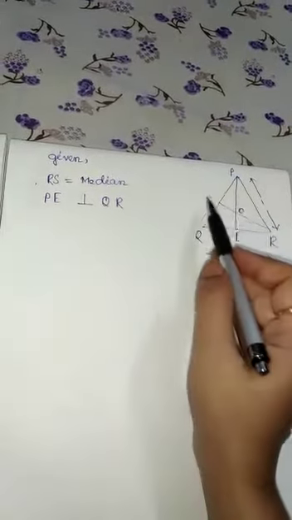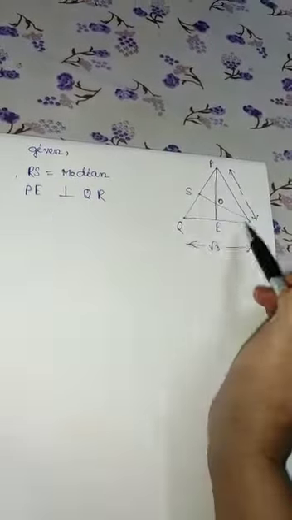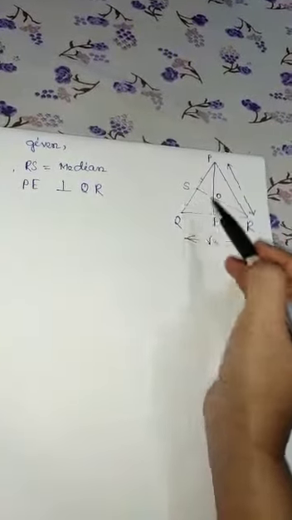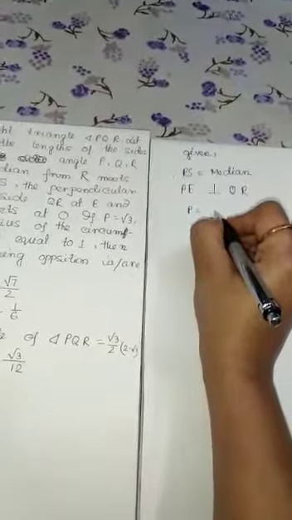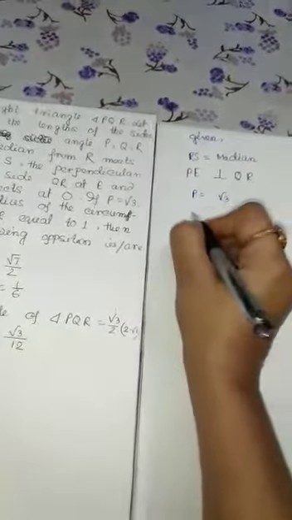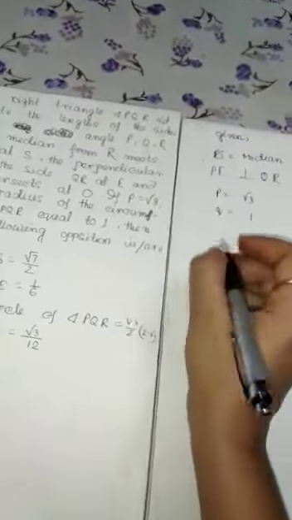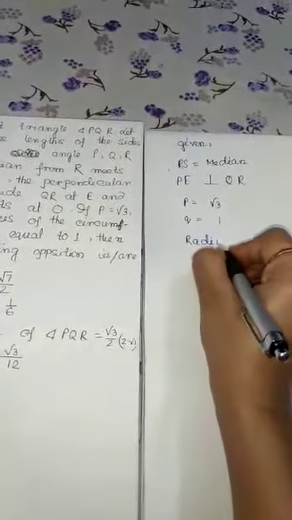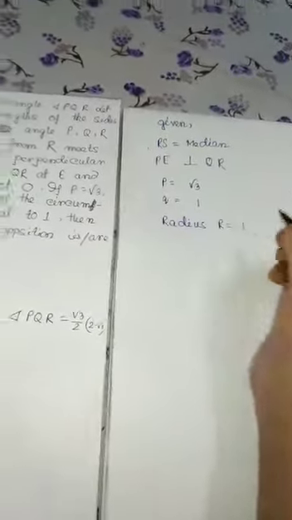As RS is the median, it divides the whole triangle into two equal triangles. Therefore, small p is equal to root 3, small q is equal to 1, and the circumradius capital R is equal to 1.